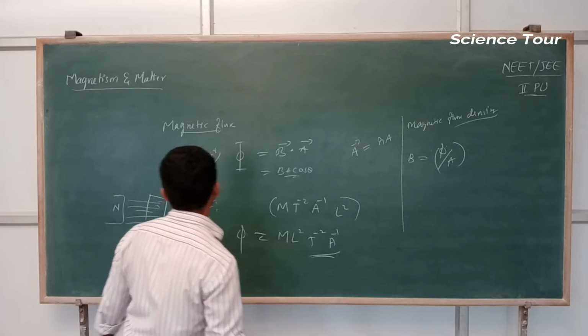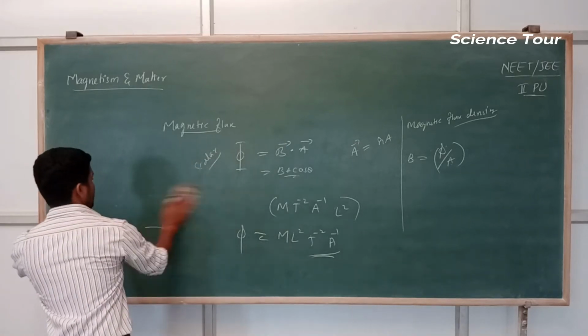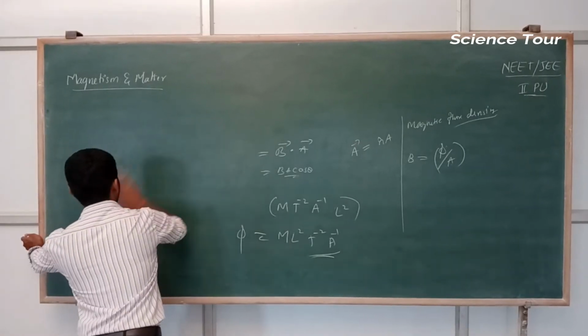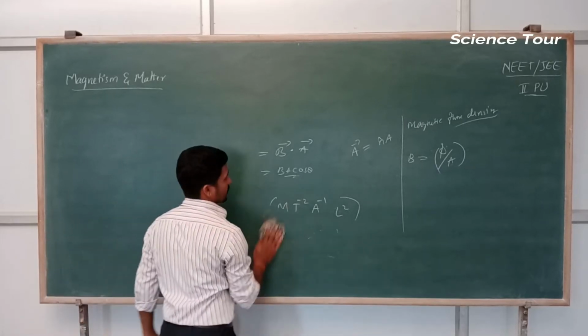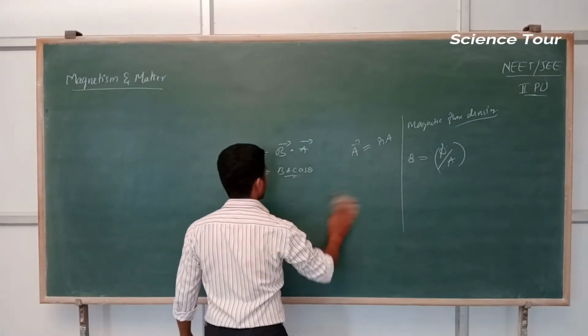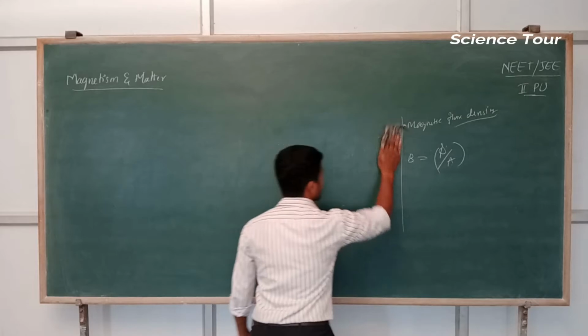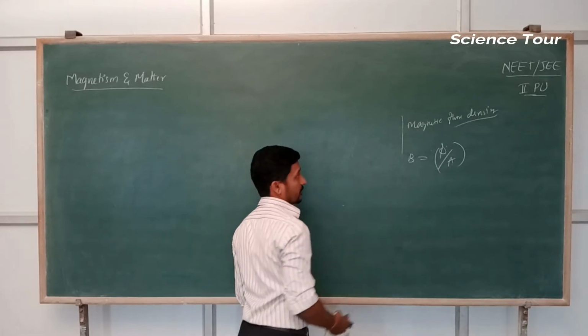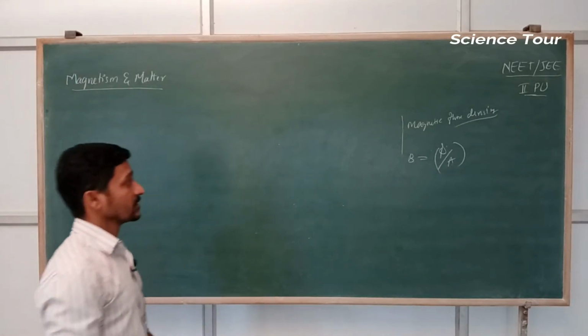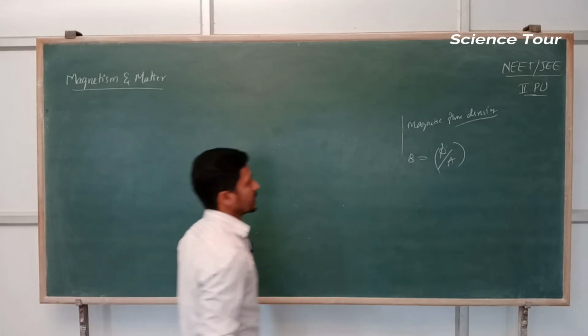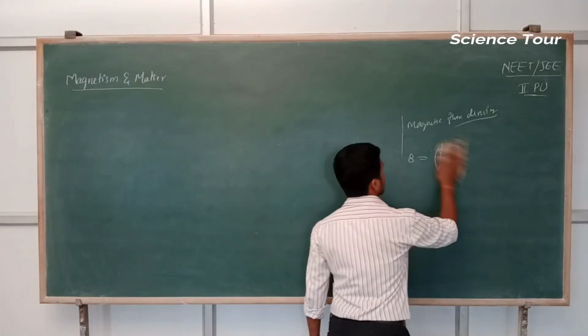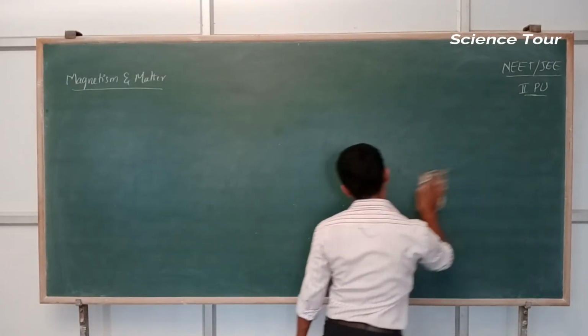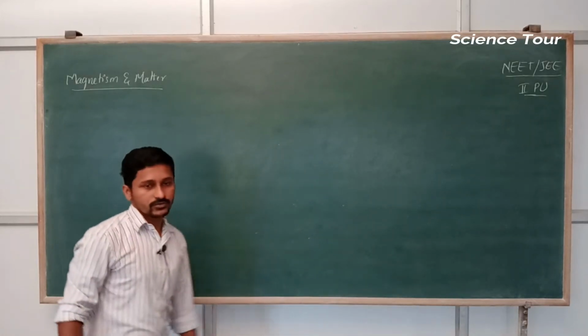So this is the magnetic flux density and the magnetic flux. Magnetic flux density is nothing but the magnetic field, or the number of lines passing through unit area, but flux is a scalar quantity.